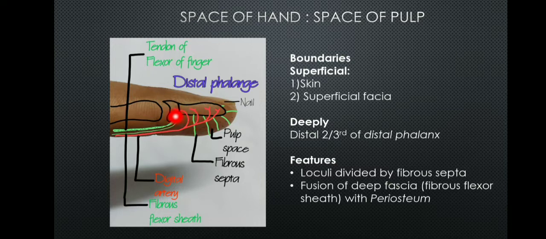This is the bone with its periosteum, and these are the digital arteries supplying the distal phalanx. This is the flexor tendon of the finger, and this is the fibrous flexor sheath, which is a modification of the deep fascia of the digits.